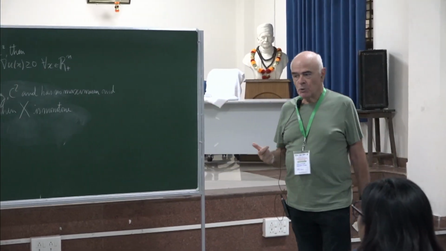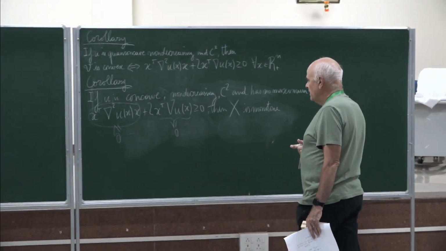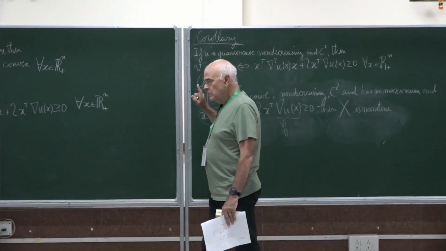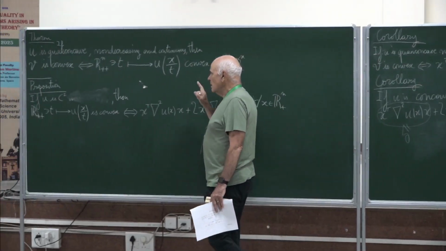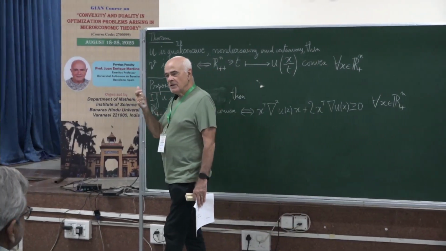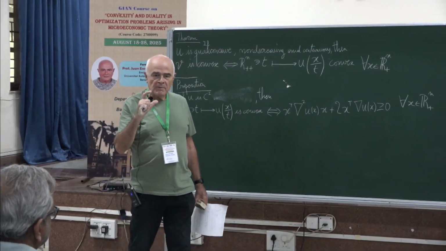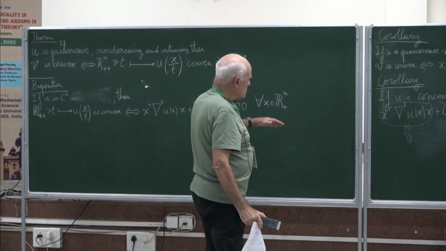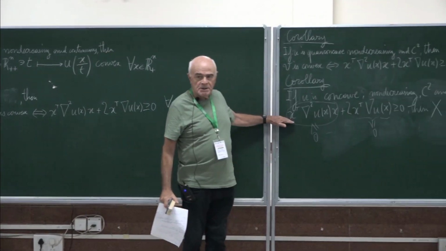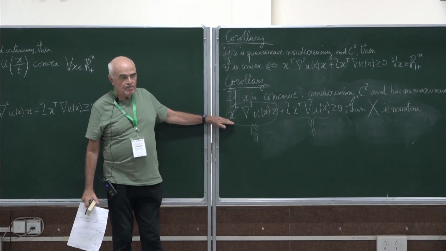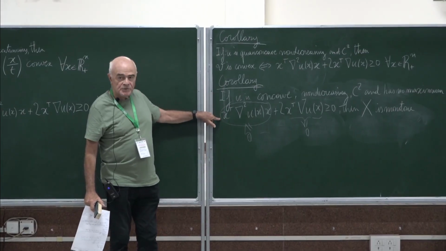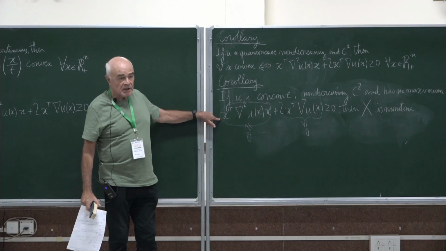But what this shows is that concavity of U and convexity of V are somehow against each other. Okay, because this comes from convexity of V, and concavity of U is negative semi-definiteness of the Hessian.